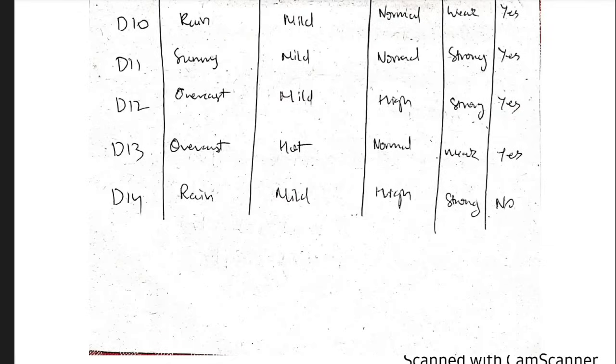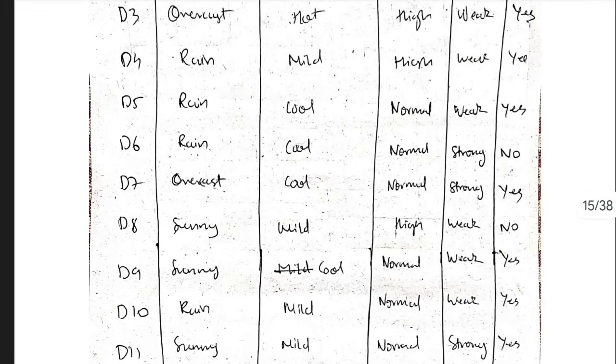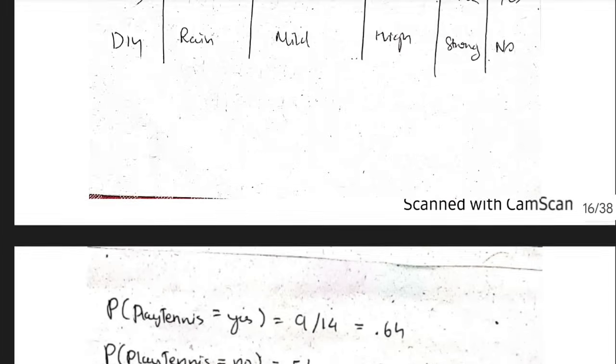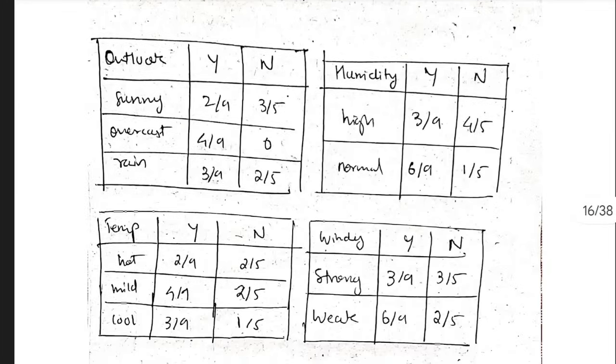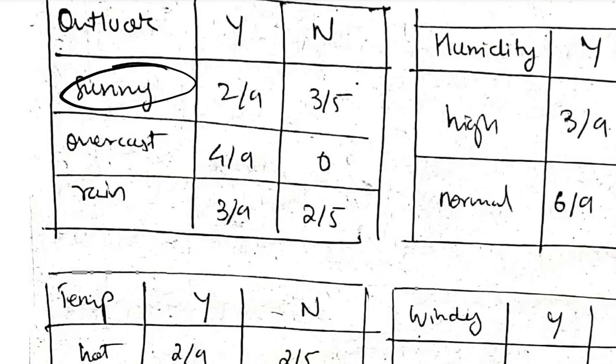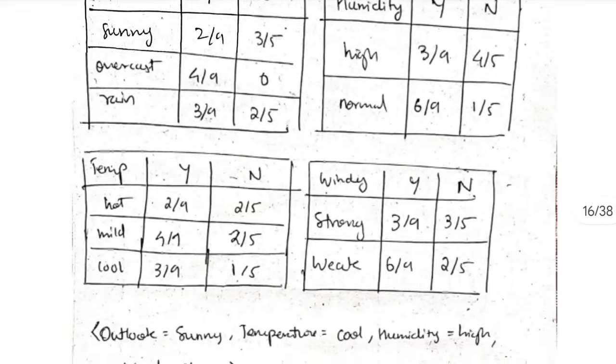Rain. One no I missed, I guess, here. Out of 5 no's, count is equal to 3. 3 times sunny has appeared out of 5 no's. So, what is the probability of sunny given that the answer is no? 3 by 5. Like that for all you have to do.